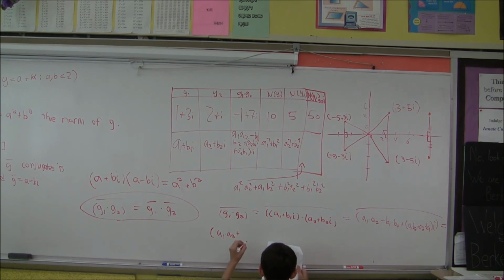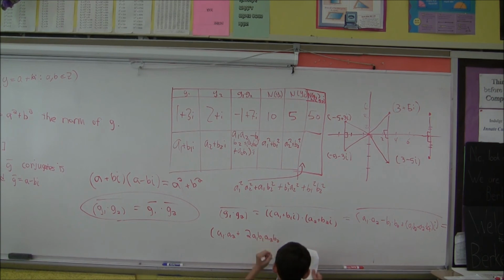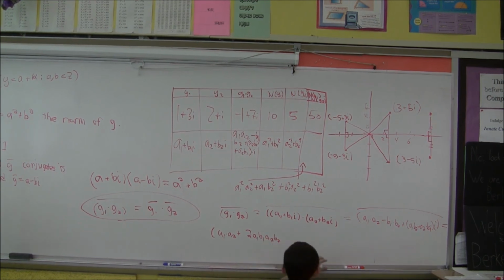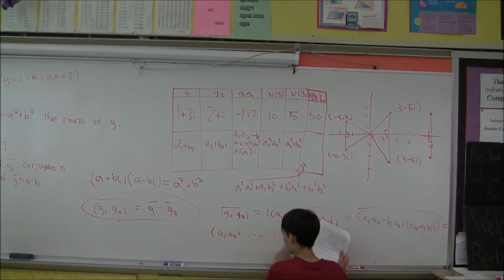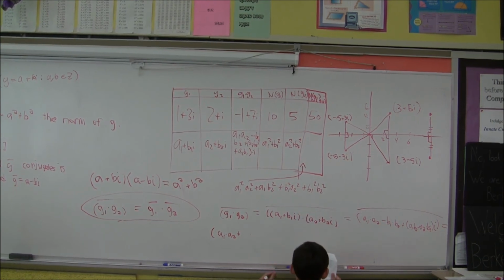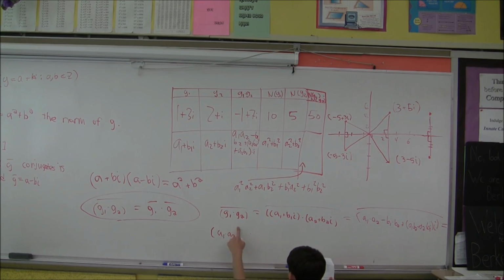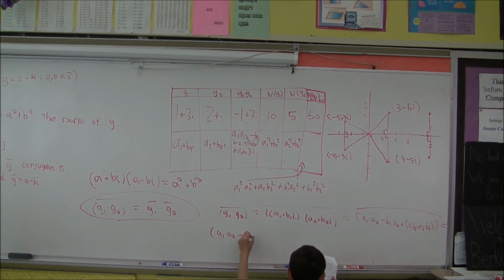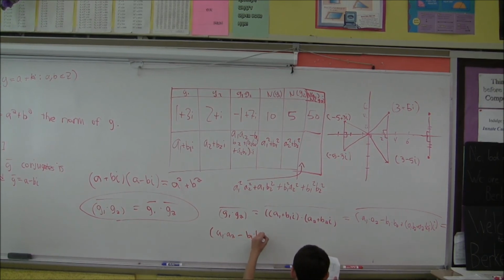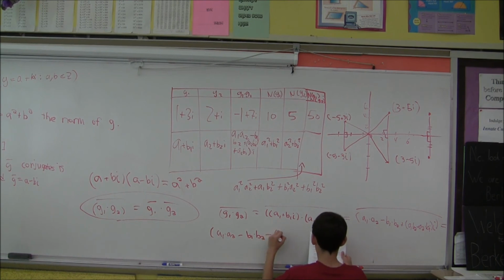Take a number, take the cosine, reflect the cosine, multiplied by itself. Well, that's special multiplication.